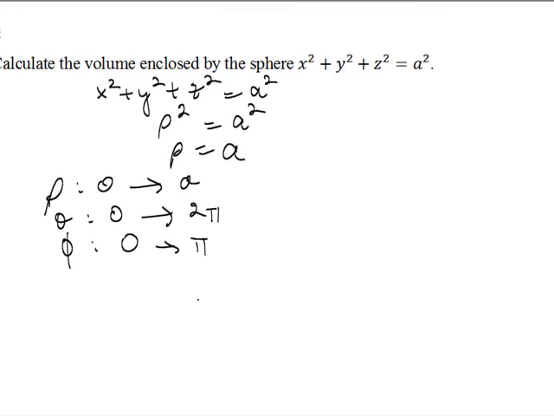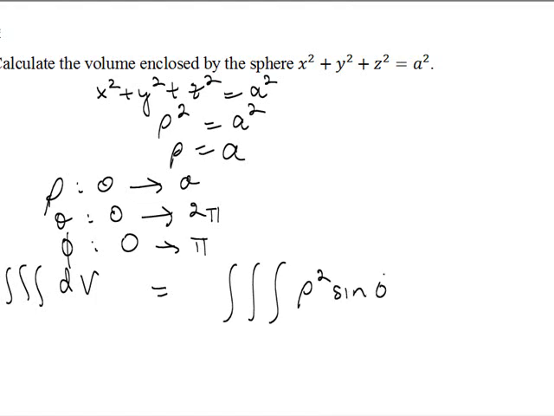So remember, volume is equal to the triple integral of dv. Convert. So put your triple integral of 1, but you need to multiply by the Jacobian, rho squared sine phi d rho d phi d theta.